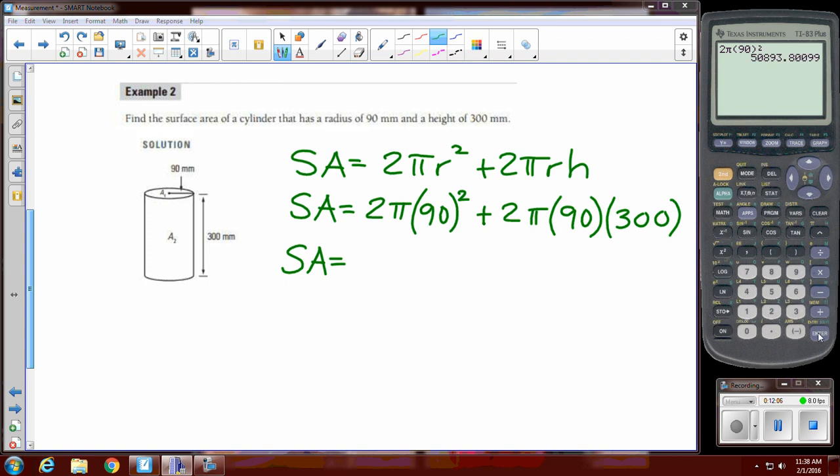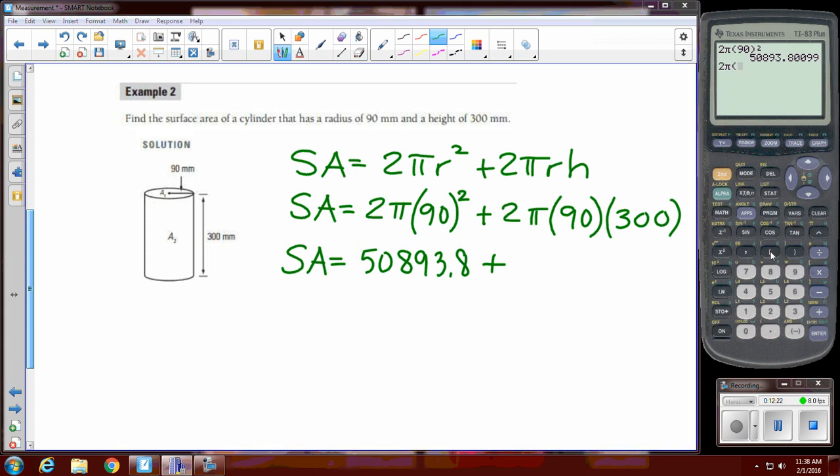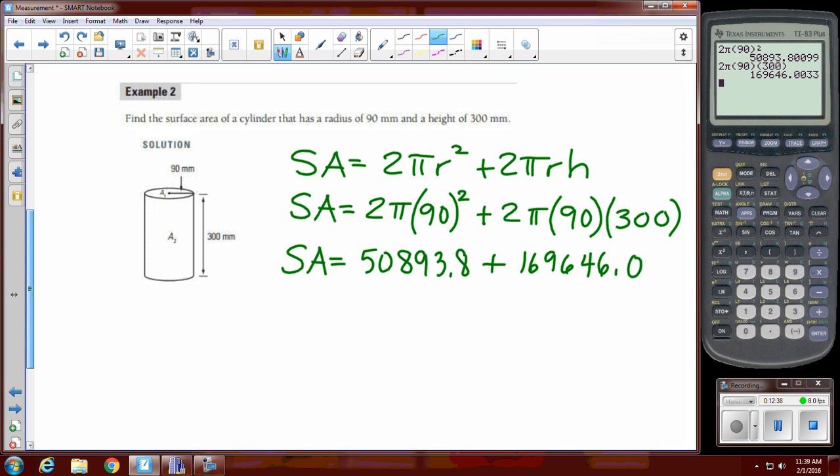So this first bit would give us 50,893.8 square millimeters plus, now I'll look at the other part, 2 pi times the radius, which is 90, times the height, which is 300, that's the 2 pi r h, and that gives me 169,646.0.